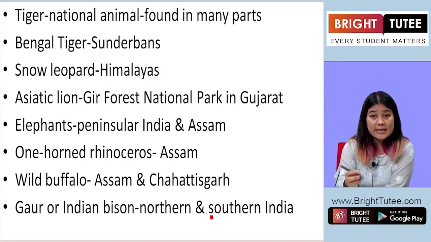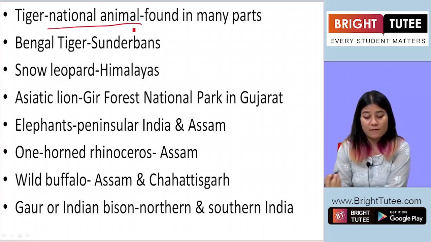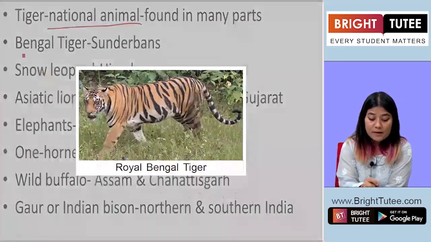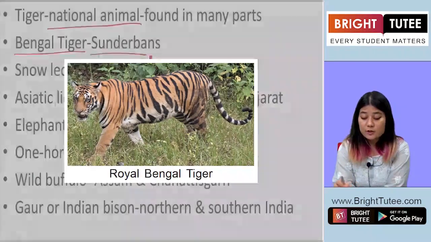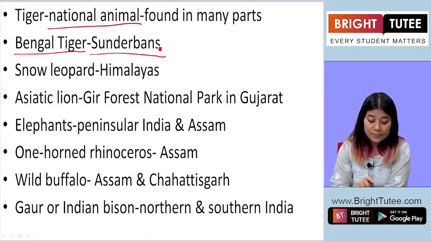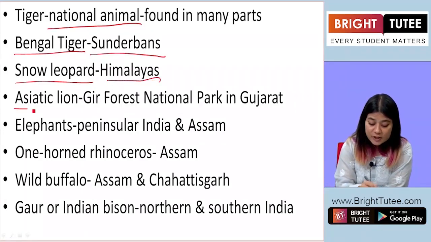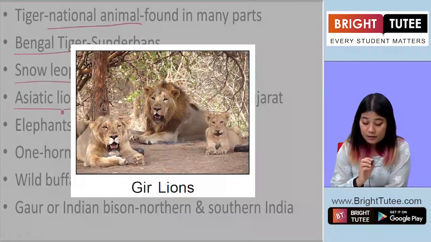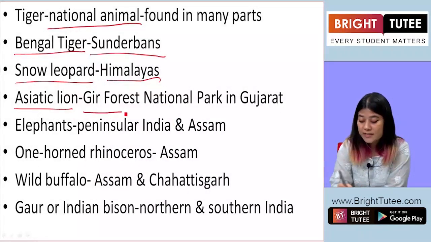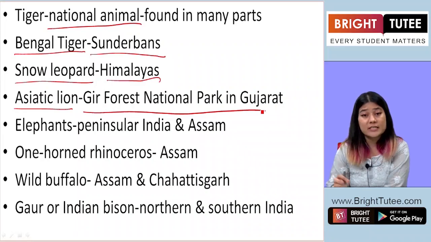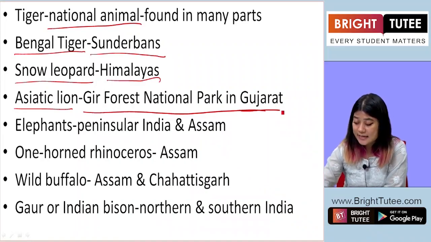Now this is also the national animal of our country. Okay, Bengal tigers can be found in the Sundarbans area. Okay, snow leopards can be found in the Himalayan forest and Himalayan region. The Asiatic lion is found in the Gir Forest National Park located in the state of Gujarat.